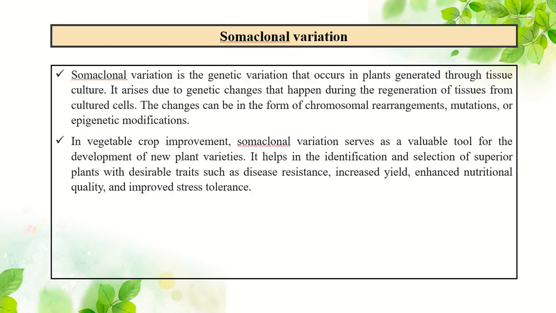So we will start with somaclonal variation, up to direct and indirect embryogenesis and what their application is. For application, I have already described. Somaclonal variation: soma means tissue, as I said, but here it is the genetic variation that occurs in plants generated through tissue culture.